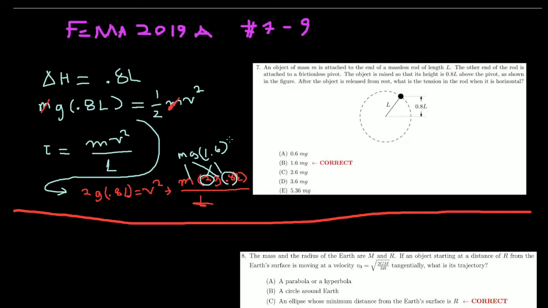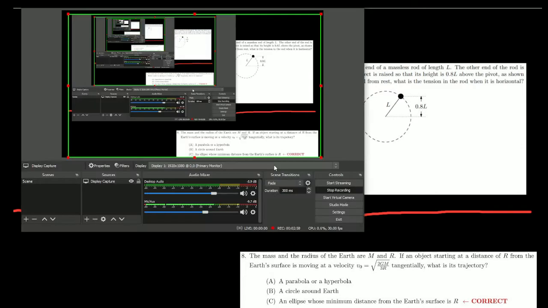And so this is our answer. It's just going to be B, 1.6 mg. Now let's move on to our next problem.